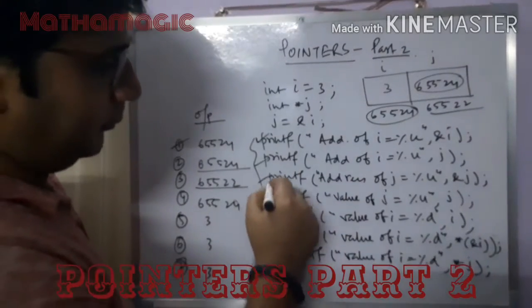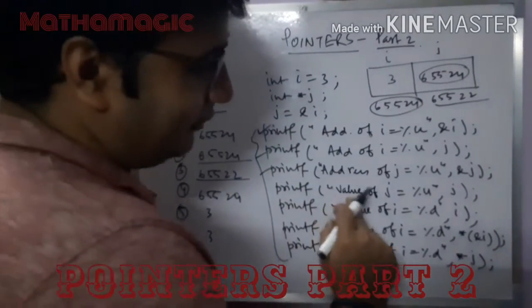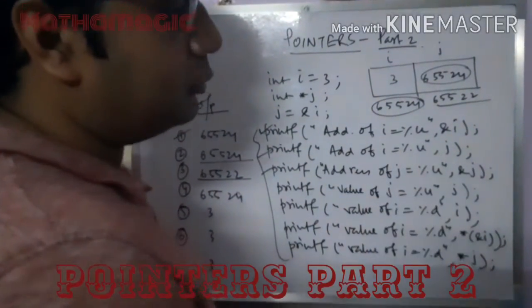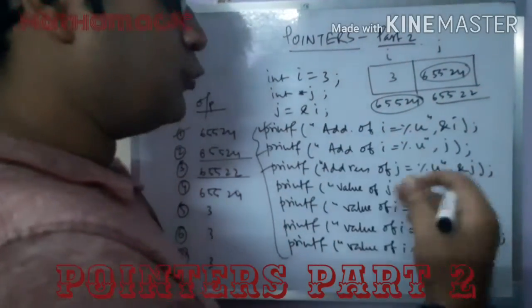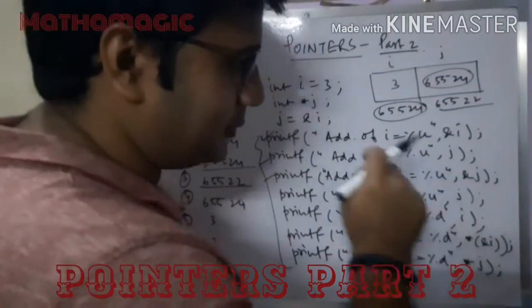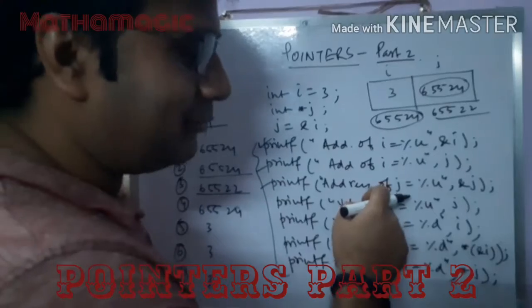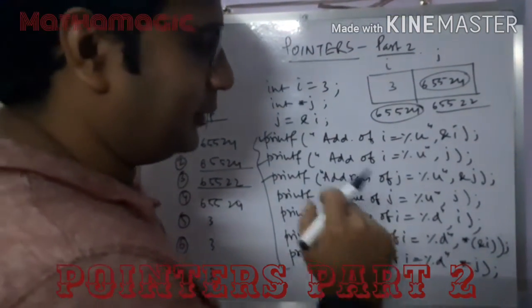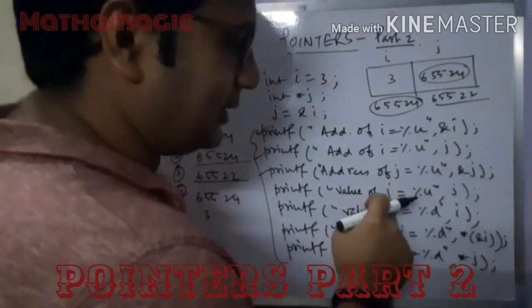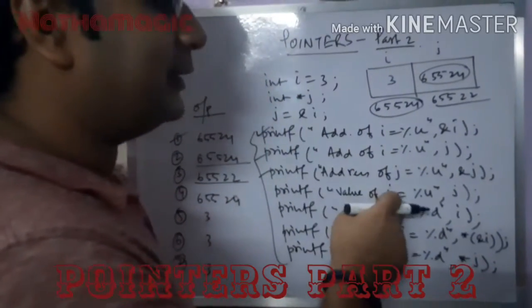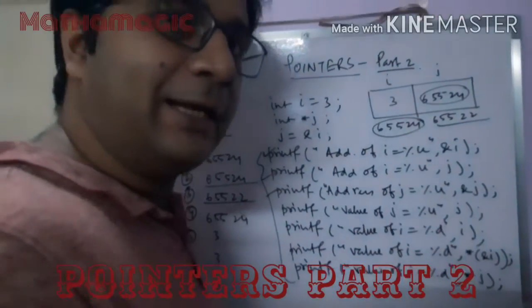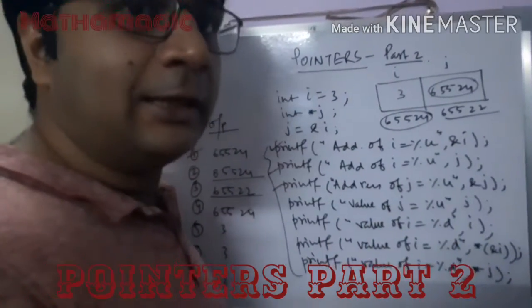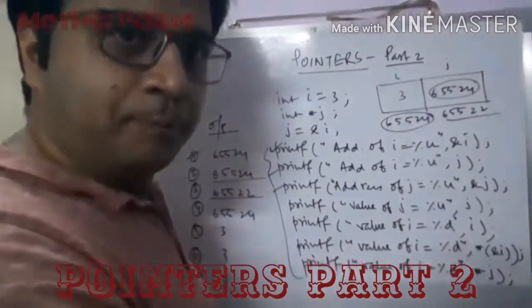Now coming to the fourth line. It is written the value of j is equal to %u, comma j. We are going to print the value, but we are using %u. We are not going to print the address, but still we are using %u. Why? Because it is very clear that j is a pointer variable. That means the value of j is definitely the address of another variable.